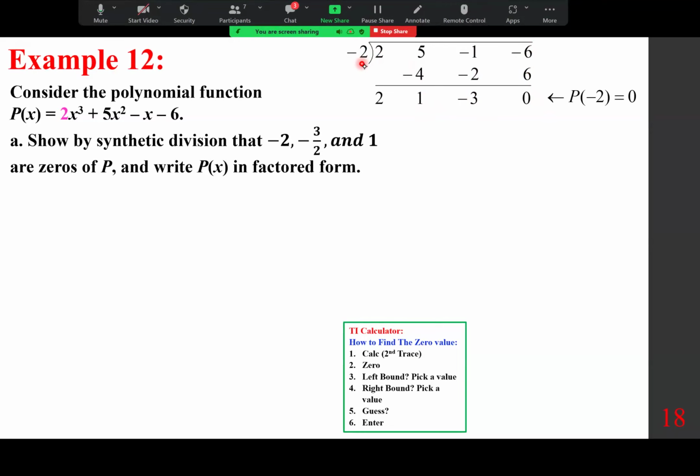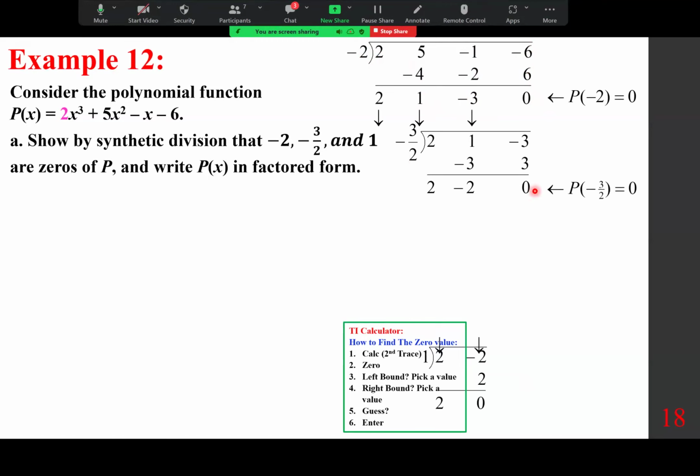So p of -2 is 0. We work with -3/2, or p of -3/2 is 0. We work with 1. We get the same thing. P of 1 is 0.